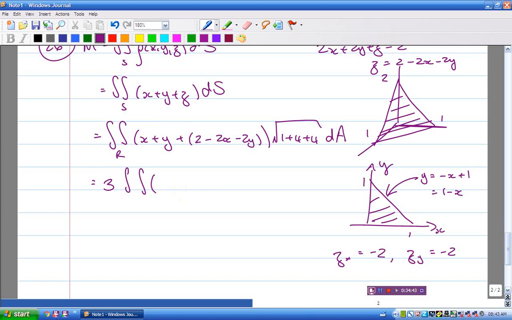This is going to be 2 minus 2x, minus 2y. I'm going to integrate with respect to y first. Y goes from 0 to 1 minus x. X goes from 0 to 1. And now you integrate.